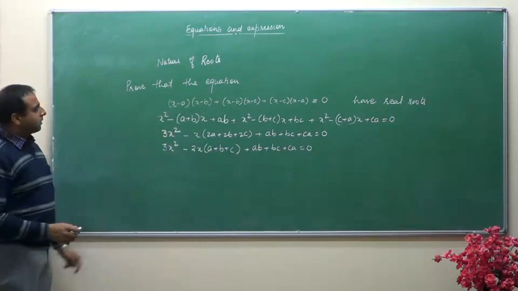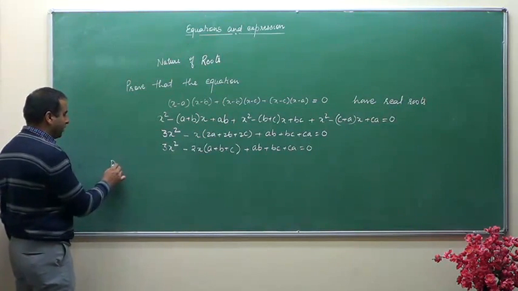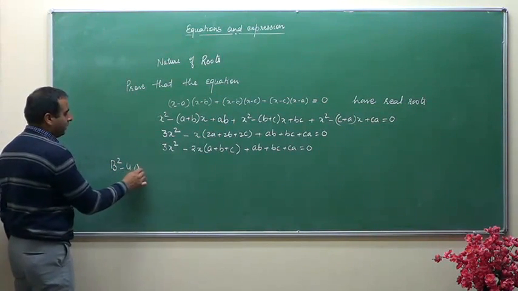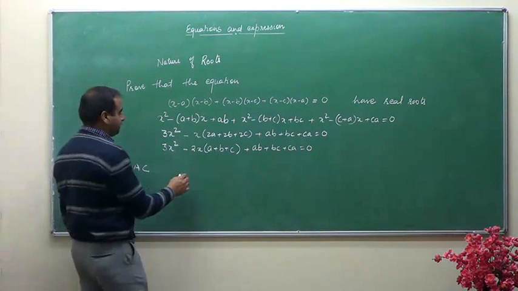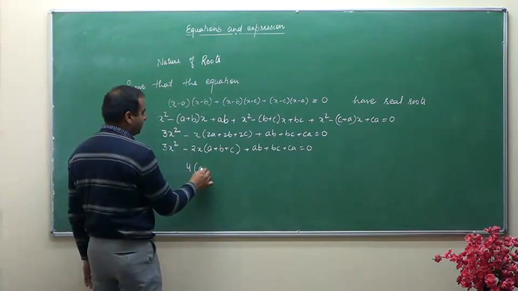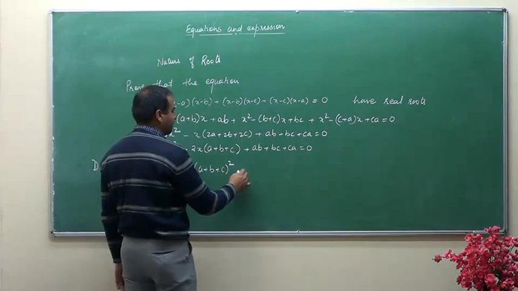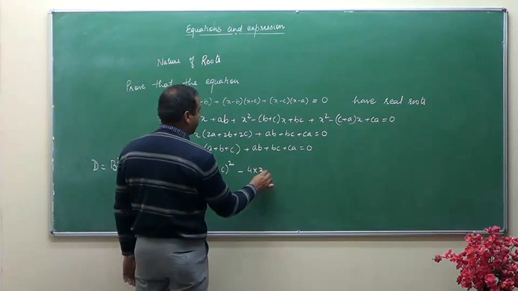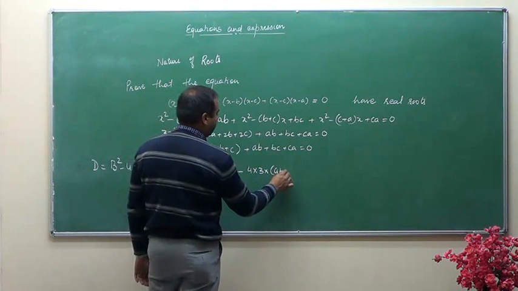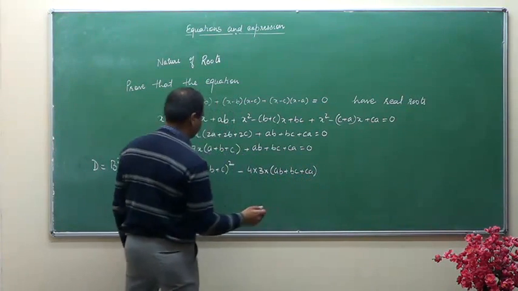Now this is the quadratic equation in standard form. So we will find the discriminant b square minus 4ac. So what is the discriminant? 4 times (a plus b plus c) whole square minus 4 into 3 into (ab plus bc plus ca).